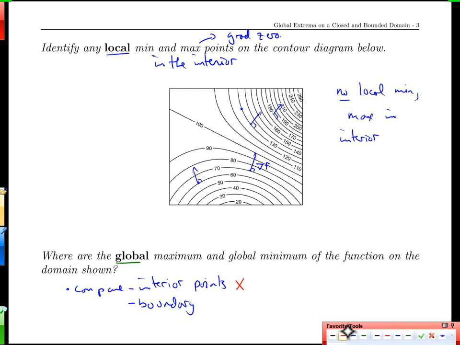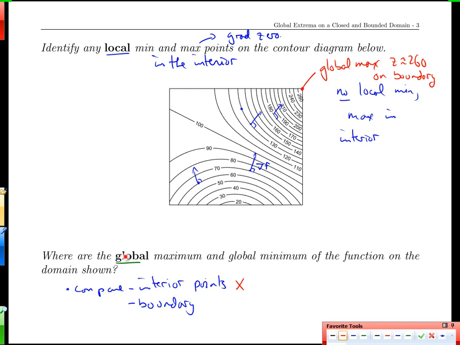But on the boundary, we can start getting some extreme values. In particular, we can see this trend up towards the corner here, and we can't say exactly where, just like with local max and min, but somewhere in the region of this corner is going to be the global max. And it's going to be with a height of Z around 260, and it's going to be on the boundary.